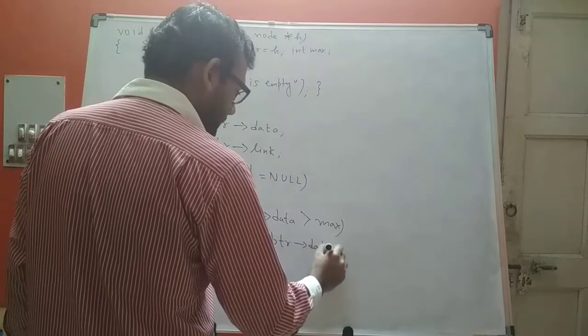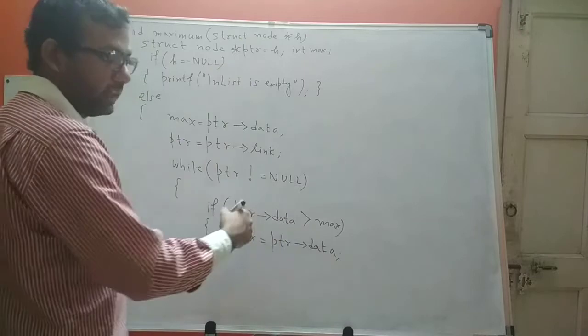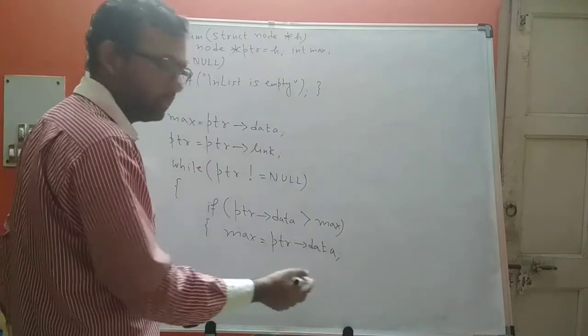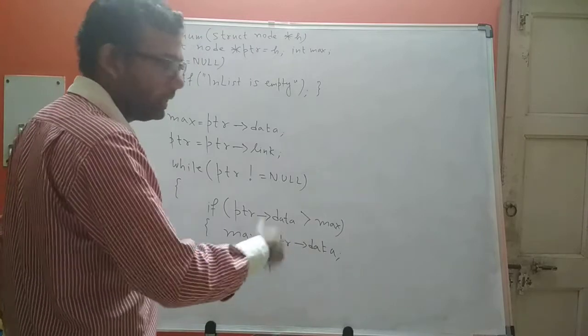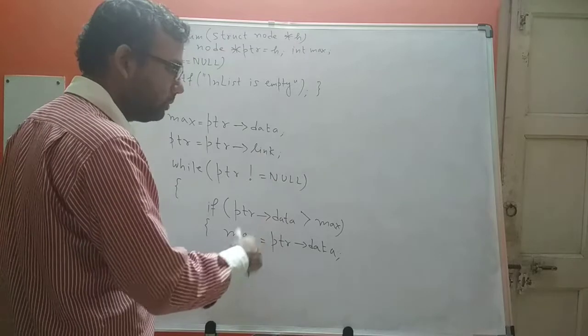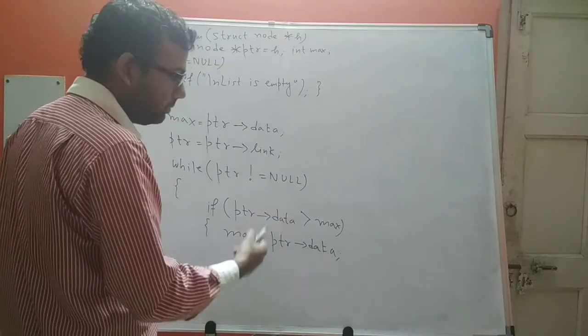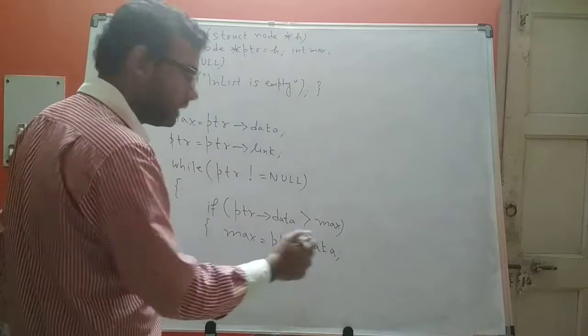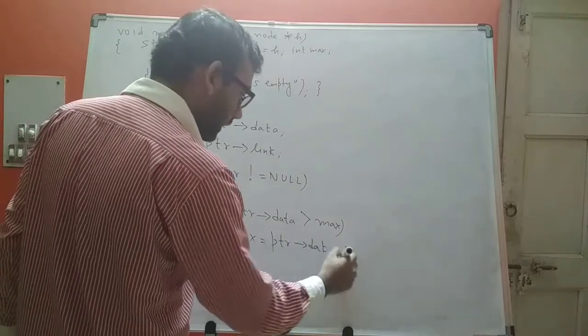If ptr arrow data is greater than my current maximum, my new maximum is ptr arrow data, the data part of the node to which ptr is pointing.